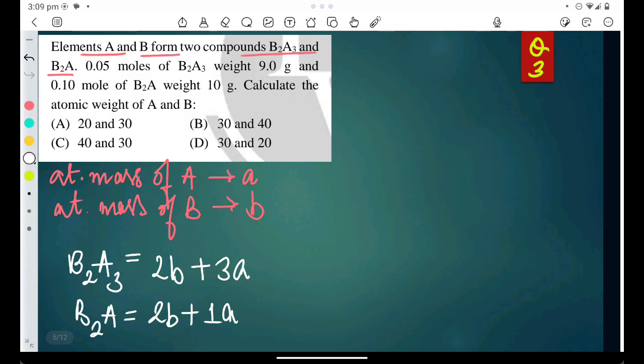Now the question says, what is the given mole of A2B3? For A2B3, we have 0.05 mole. So 0.05 mole is going to, what is the formula? Given mass upon molecular mass.